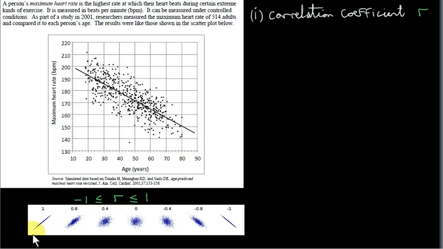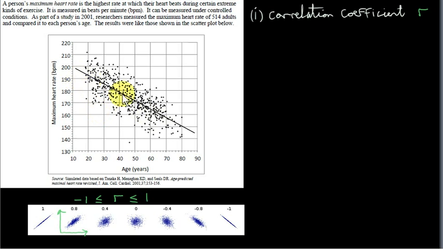As I explained in the previous video, if all the points lie on a straight line with positive slope, the correlation coefficient R is equal to 1. This line has positive slope. If we take any point and increase x, y will increase by a certain amount. Here R is equal to 0.8, so we have a strong linear positive correlation.